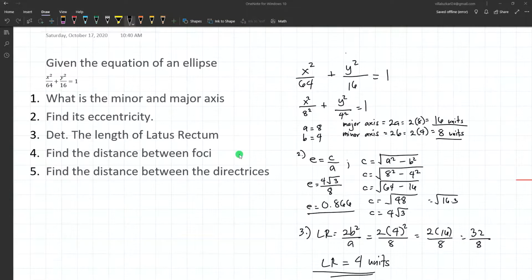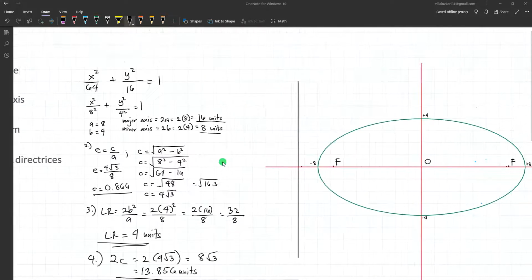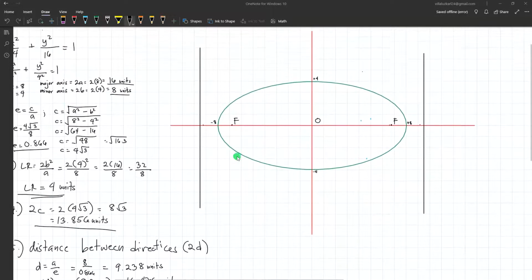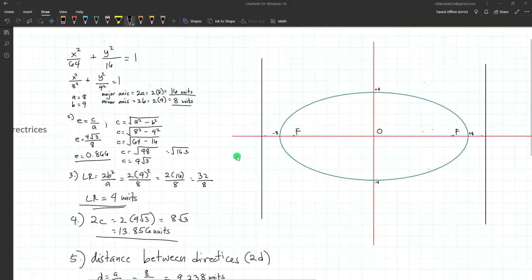For the graphical representation of this problem, this is your figure. Since the standard equation has no value for h and k, its center is on the origin.